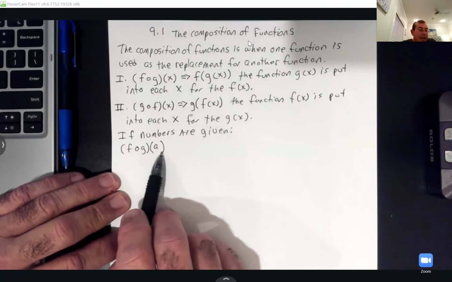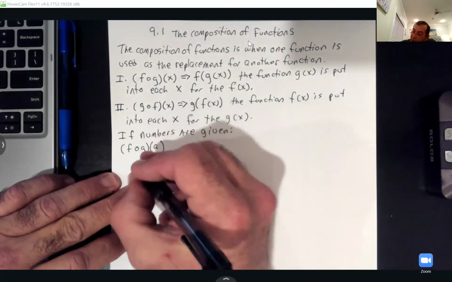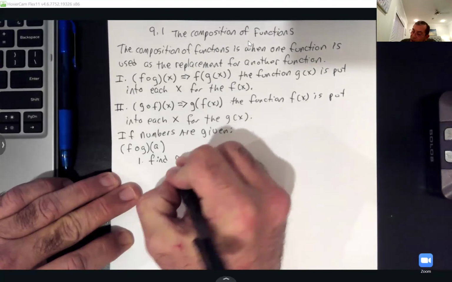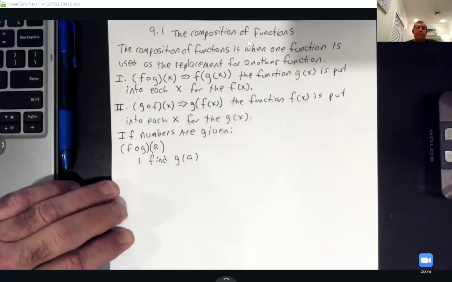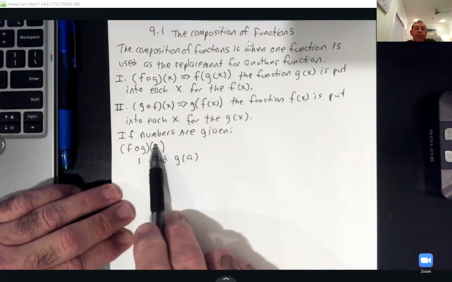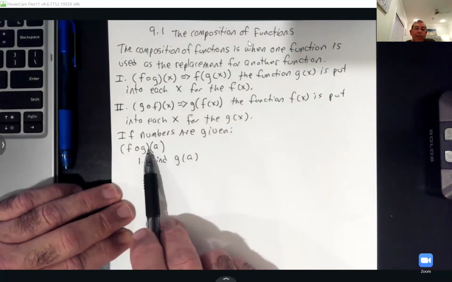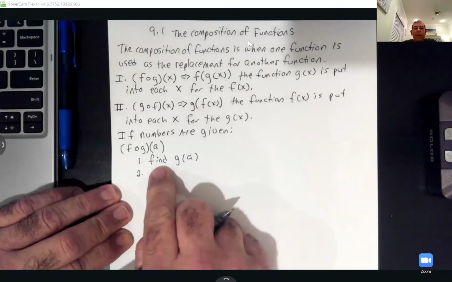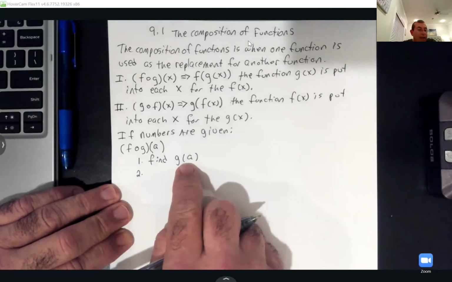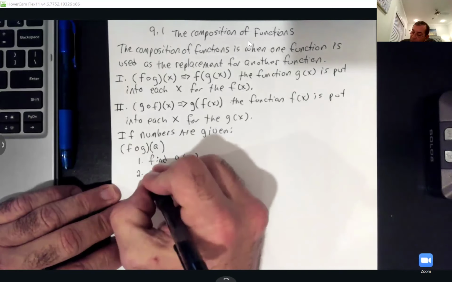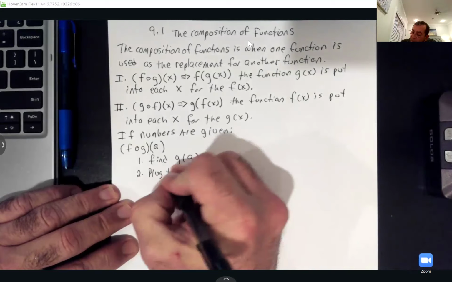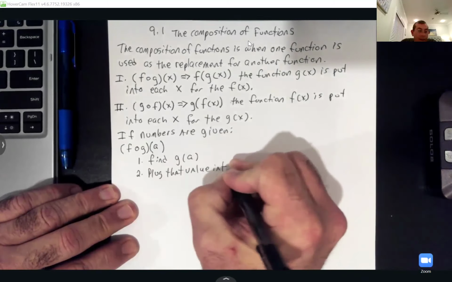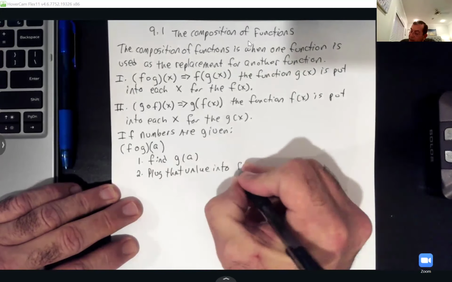So if I have this style, the first thing I would do is find G of A. So whatever number they give me, I'm going to plug into the G equation. All righty. Once I figure out what this G of A equals, I then plug that value into the F of X.